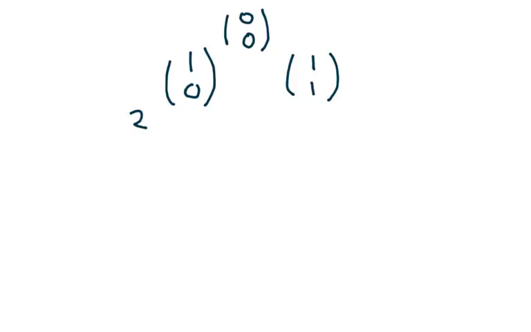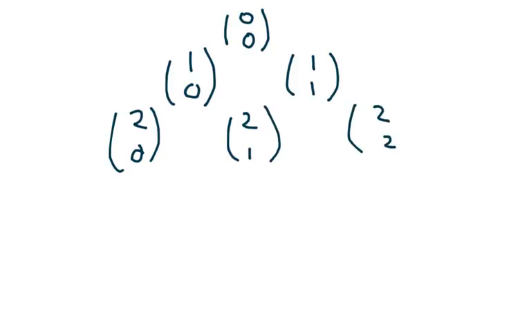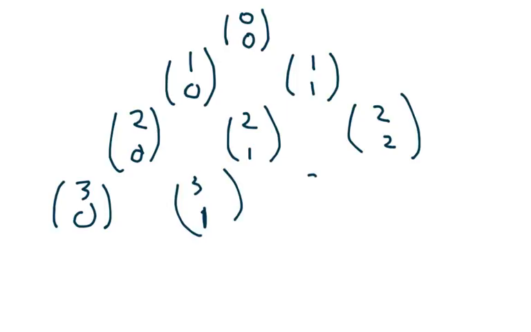Then we're going to have 2 choose 0, 2 choose 1, and 2 choose 2. Here we're going to have 3 choose 0. Do you see what I'm doing? 3 choose 1, 3 choose 2, and then 3 choose 3.